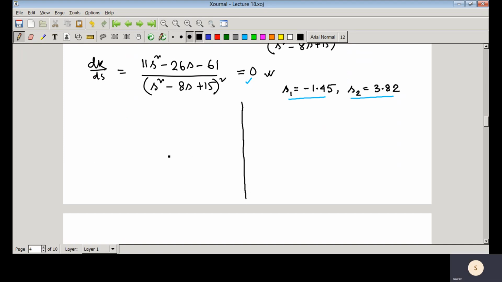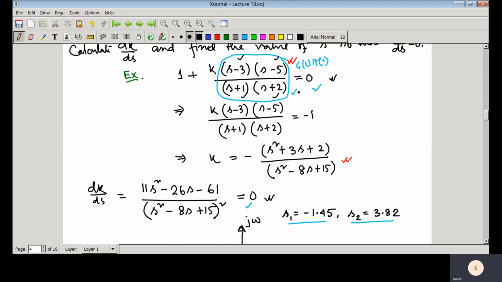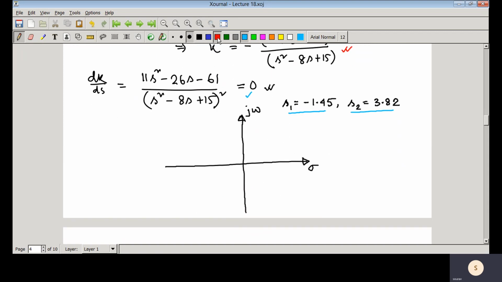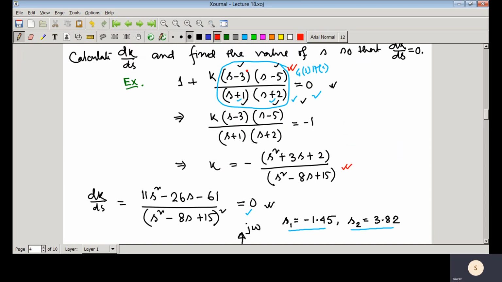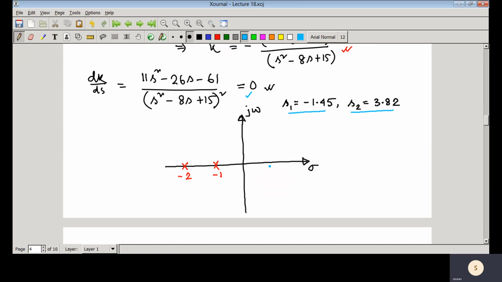So this is the s-plane, this is sigma, this is j omega. If you look at G(s)H(s), we have two poles, at -1 and at -2, and the open loop zeros are at +3 and at +5.